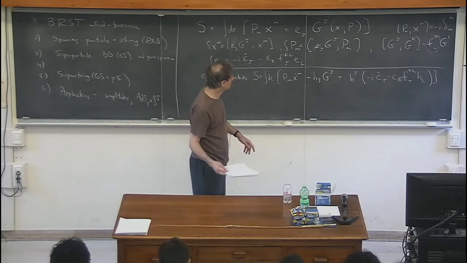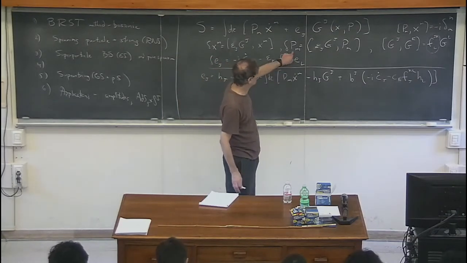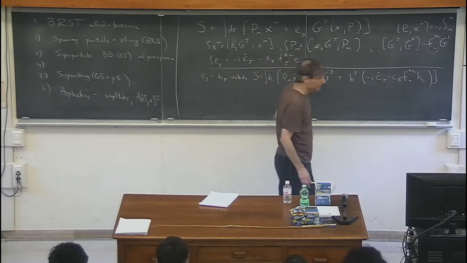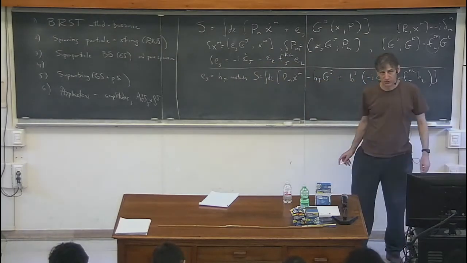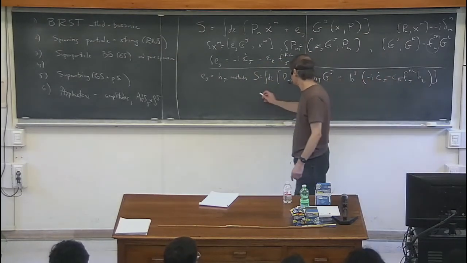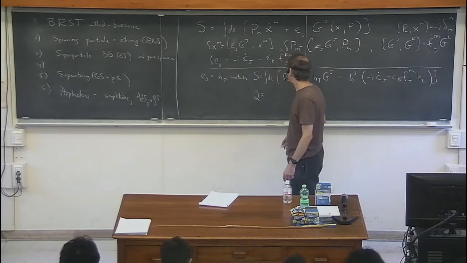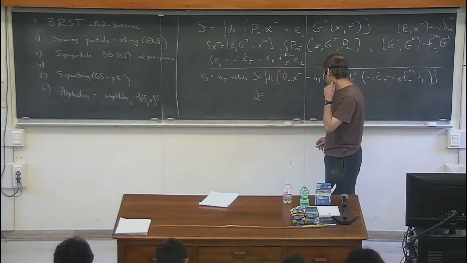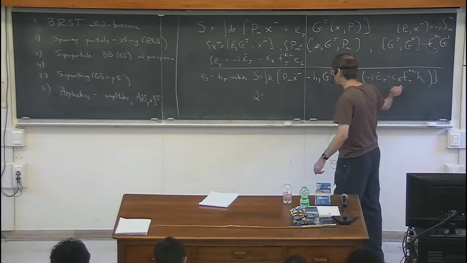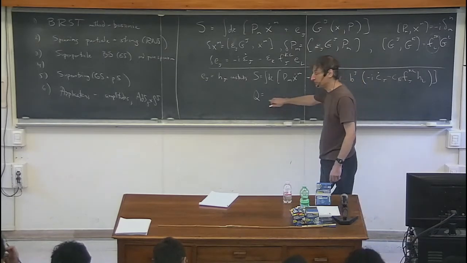And gauge fixed action means that, of course, we've broken these gauge symmetries, but there's still a global symmetry left over, which is just the BRST symmetry. If you compute the Noether current, it's just a BRST charge.